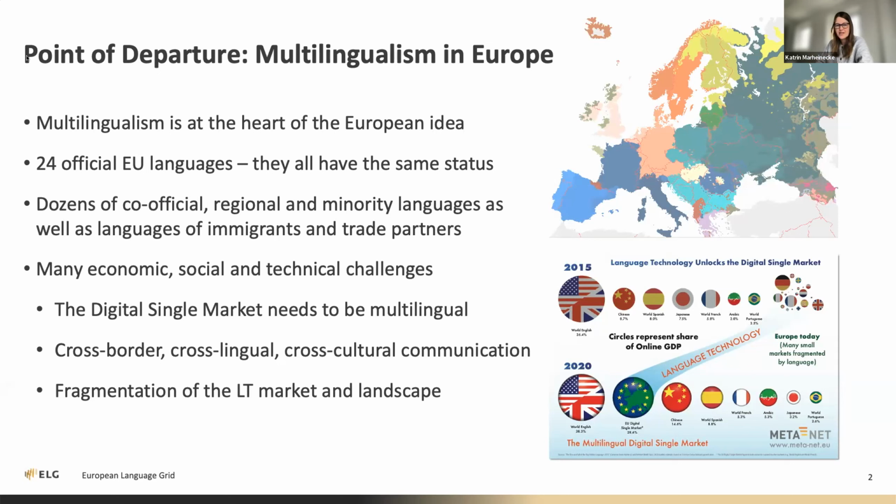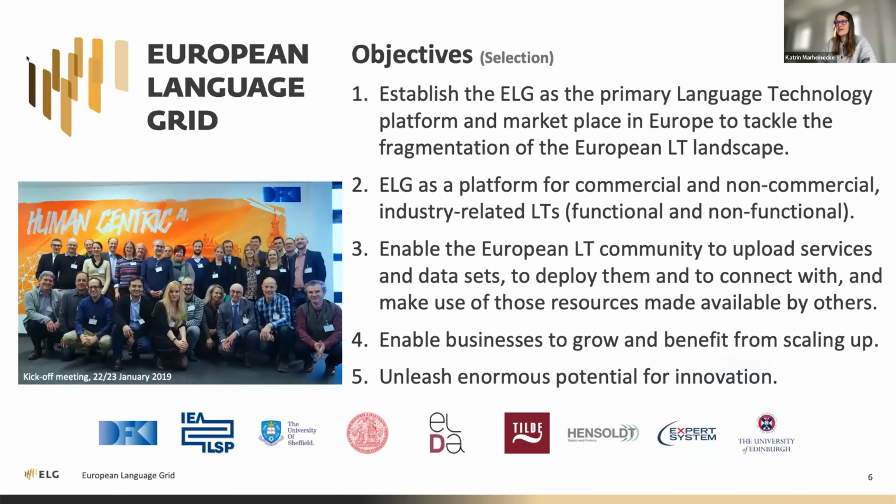And this resulted then in a call that was launched in 2018, the call ICT 29, where the creation of a European language grid was one of the call topics. And this consortium that you can see here is the ELG consortium. So the project ELG, European Language Grid, kicked off in January 2019.